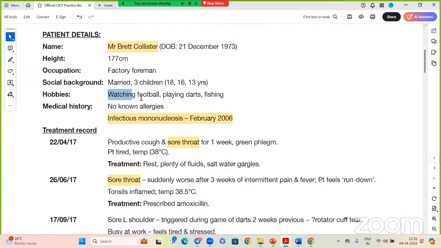So he watches football. He goes fishing and is playing darts. All these are related to what? Watching football, just sits and watches football. Playing darts, standing at one place and throwing darts. Next one, sitting at one place and fishing.